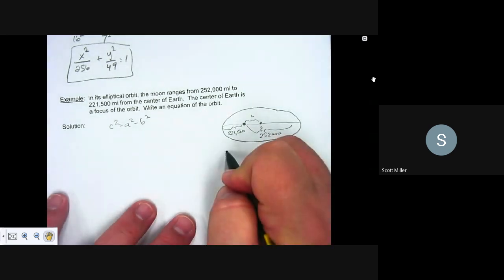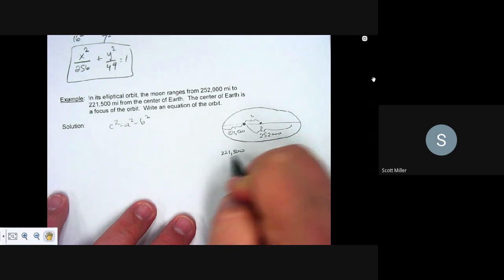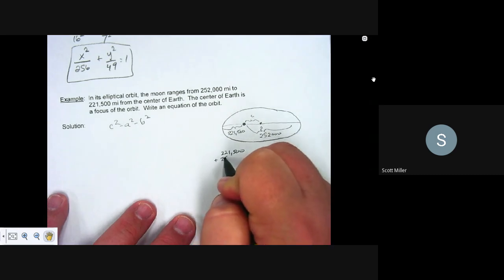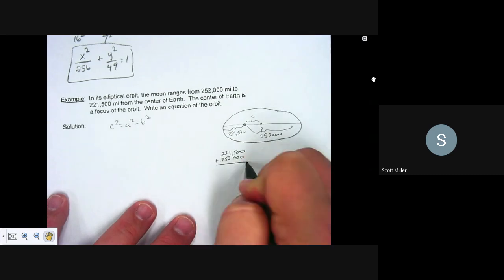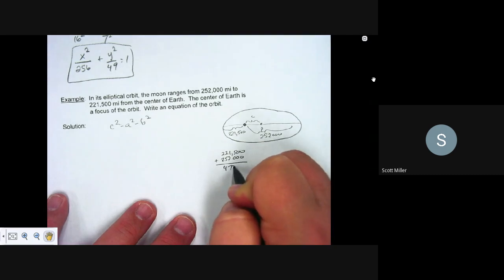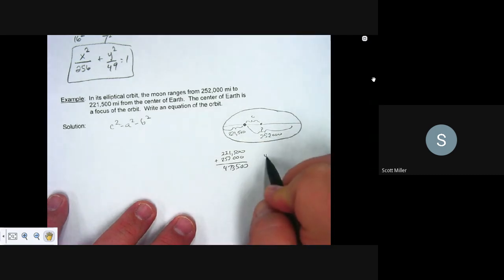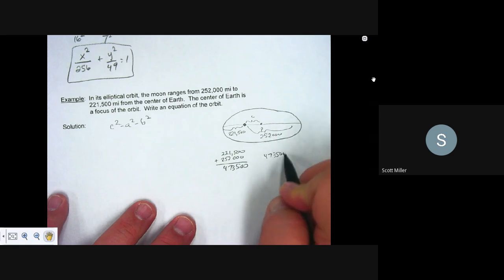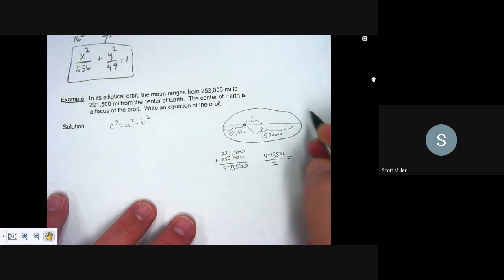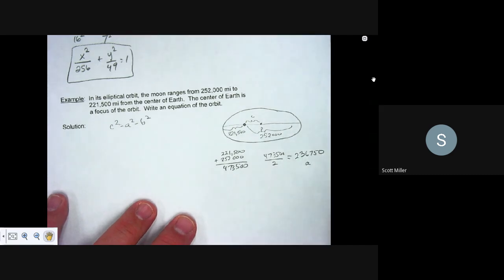Let me show you that one method over there. So I take these two numbers, 500, and add to that the 252,000. I get 473,500. If I take that number divided by 2, then I'm going to get this value, which is A. Okay, so that is A.